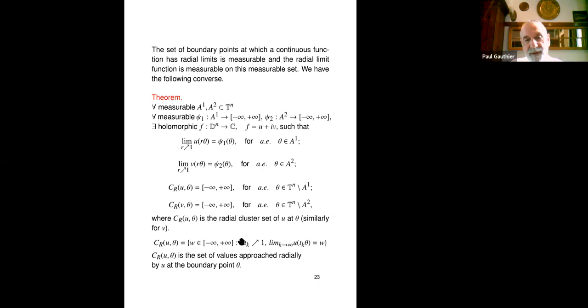So I remind you of the definition of the radial cluster set of a function U defined in the polydisk at a boundary point theta. It's the set of all conceivable values, finite or infinite, which can be approached by U along a sequence of points on this radius ending at theta.